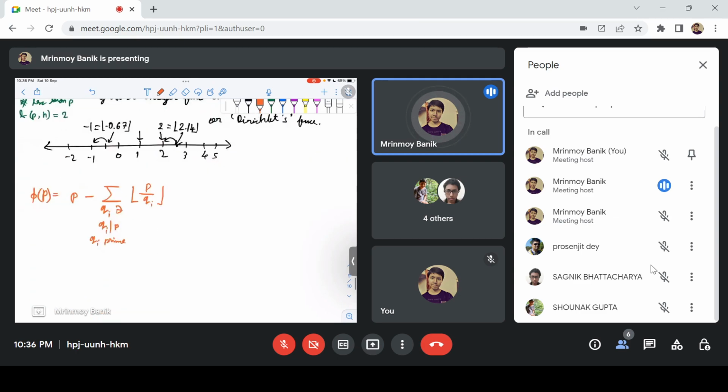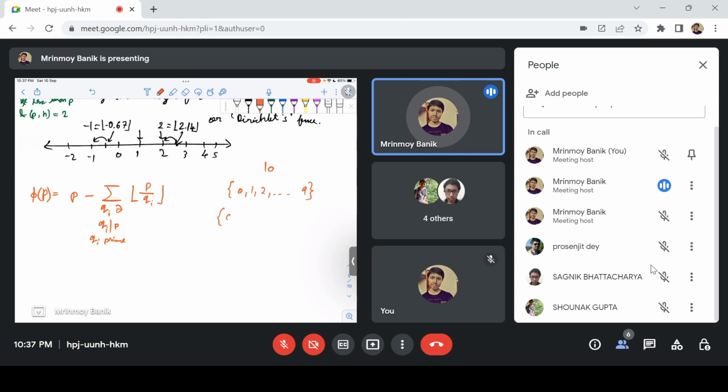So this is basically phi of p. So let's try it out for the number 10. The complete residue class of 10 is 0, 1, 2, up to 9.